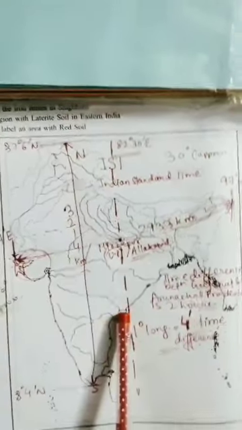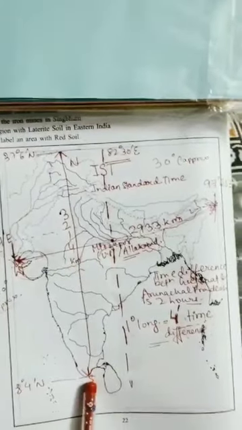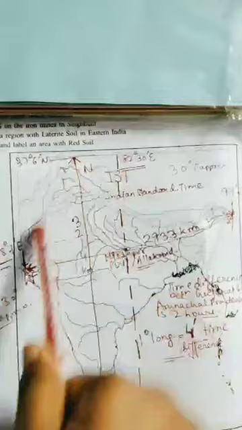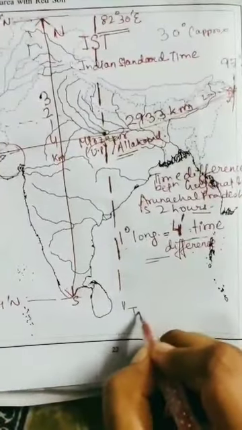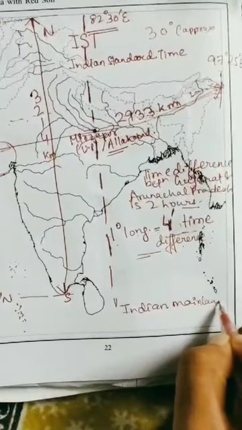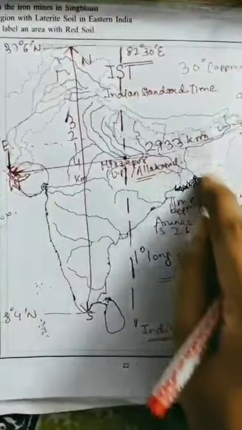If somebody asks you which is the southernmost tip of the country, which is the southernmost point of the country, now this is north, west, south, east, right? Now here you have to focus. If the question is Indian mainland, it means this is India's mainland, the country boundary, okay?